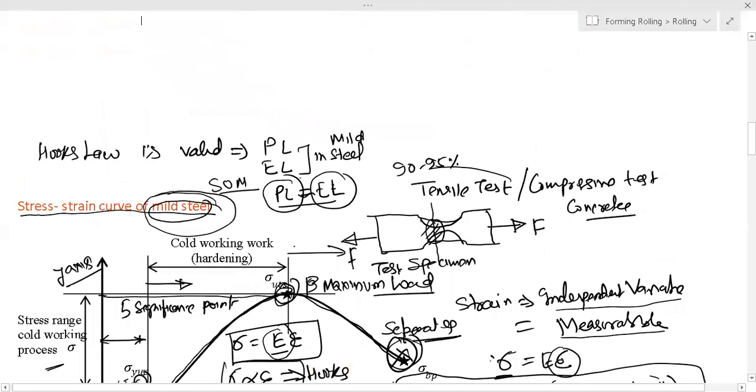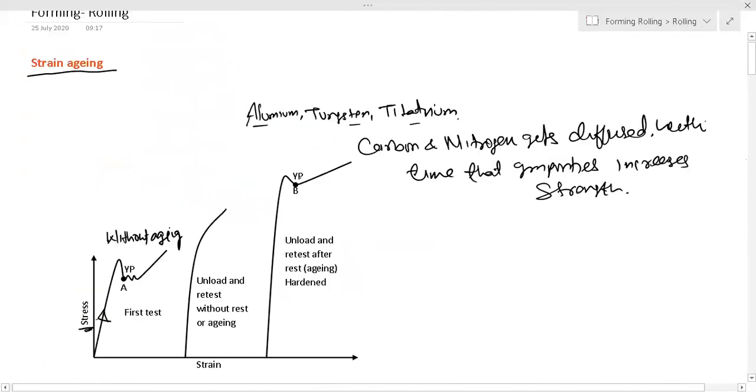Now I'm coming to strain aging. We are loading the material, and it reaches point A. This is the first test we did. If you do the second test without any time gap, you are again loading and it will follow this path.